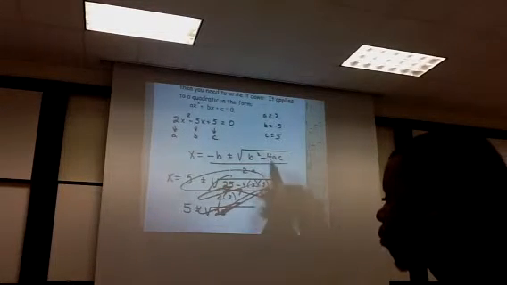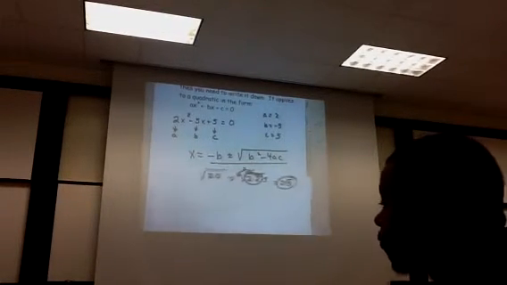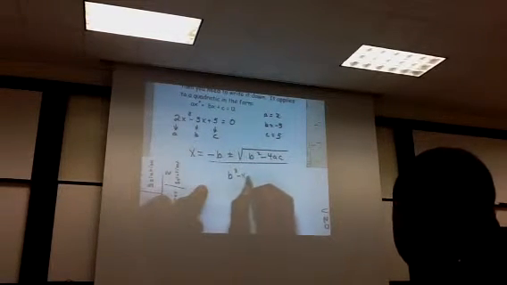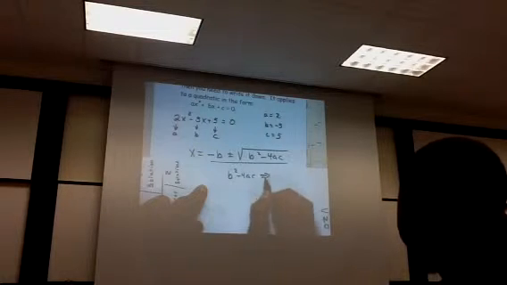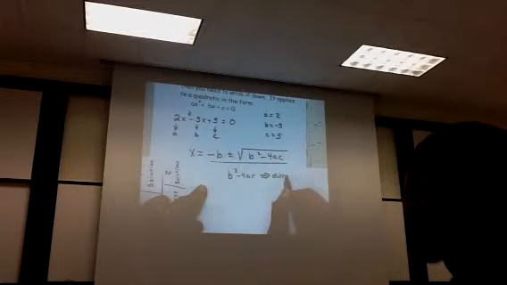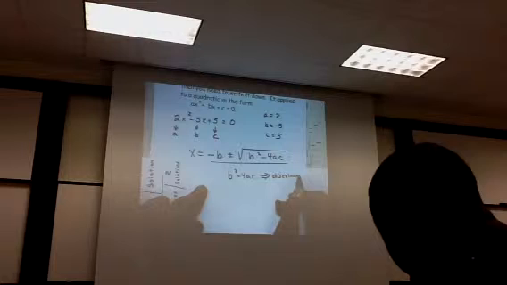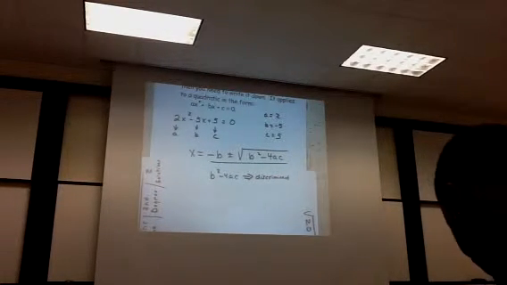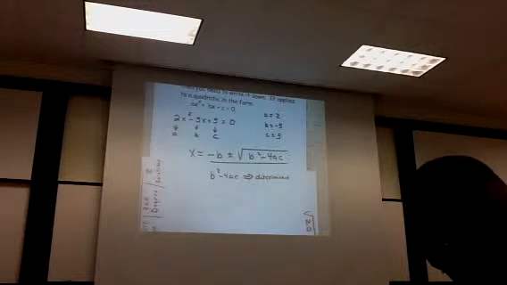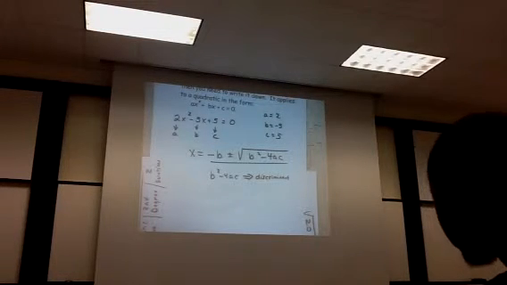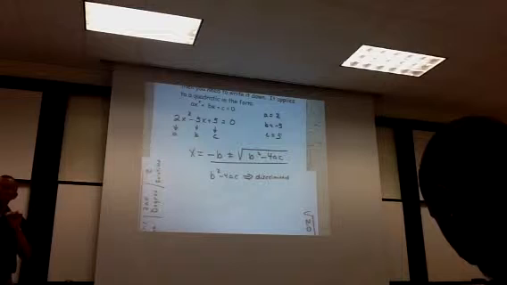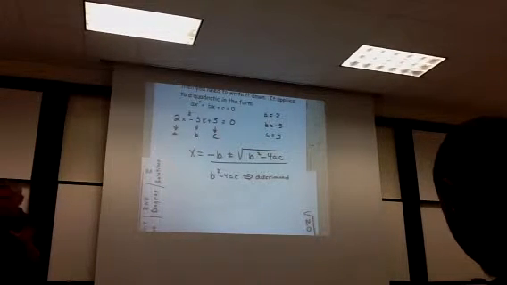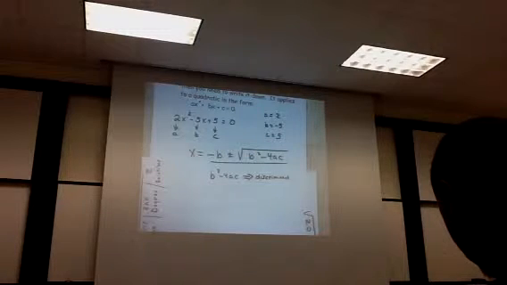The b squared minus 4ac is called the discriminant. To discriminate means you distinguish between. I discriminate between options, I distinguish between them.